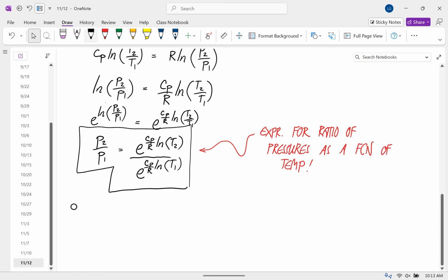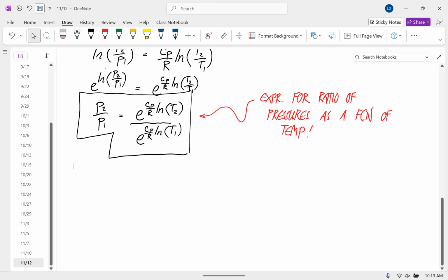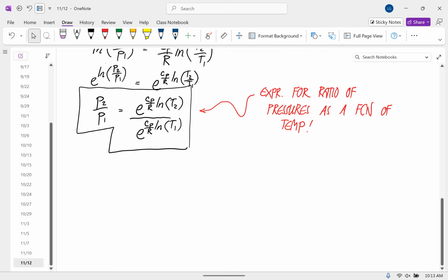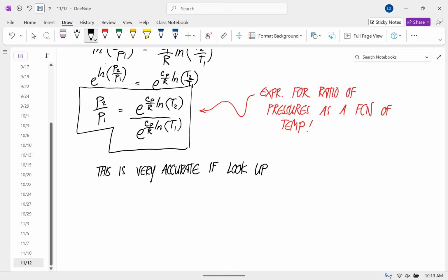Another thing you can do is, so let me say, this is very accurate if you look up Cp at each temperature.